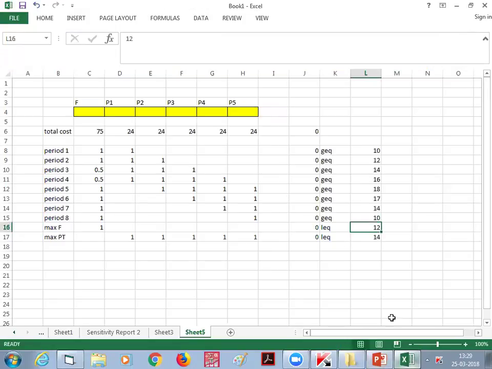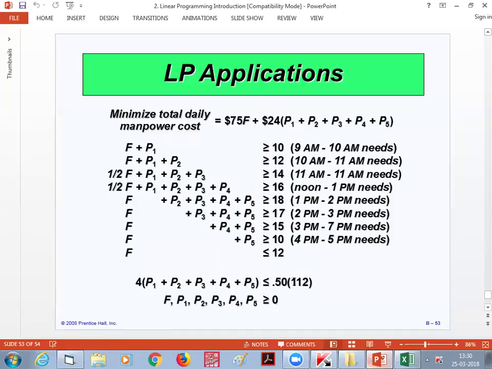Let's remove 10. Okay. So we're ready. Oh, there's some query. 28, 28, 15, 28. 15. Which one? Left hand side here. So this is 0.5 into 112.